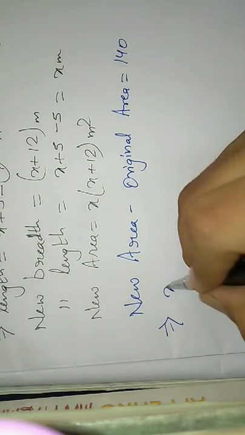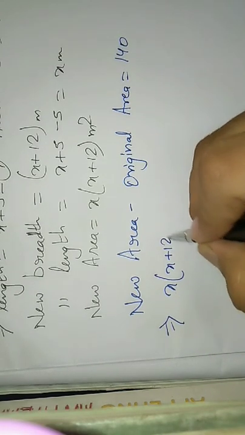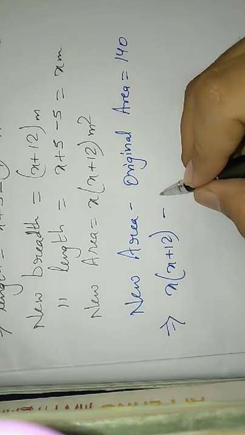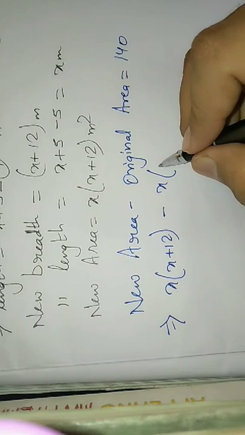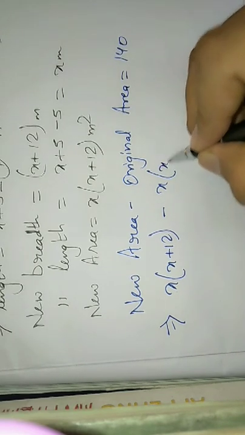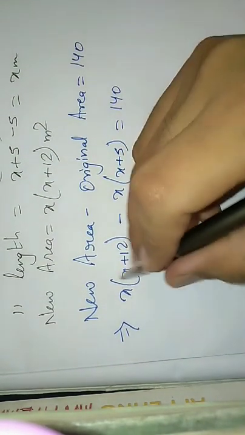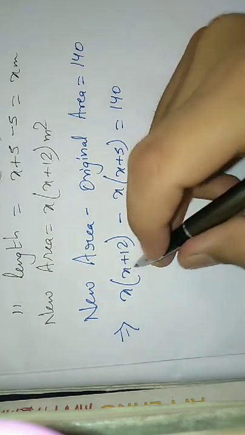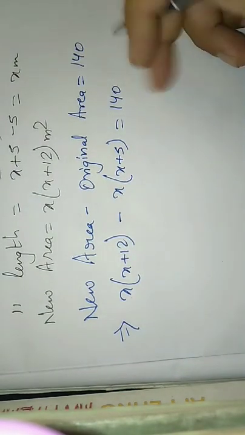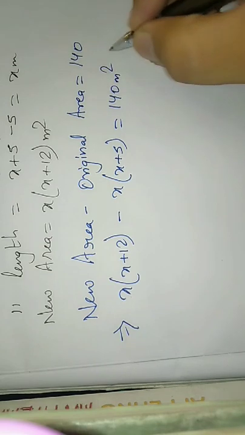What is your new area? x into x plus 12, correct? Minus original area, x into x plus 5, correct? This is equal to 140, because this new area is greater by 140. If you subtract both of them, you will be getting 140 meter square.